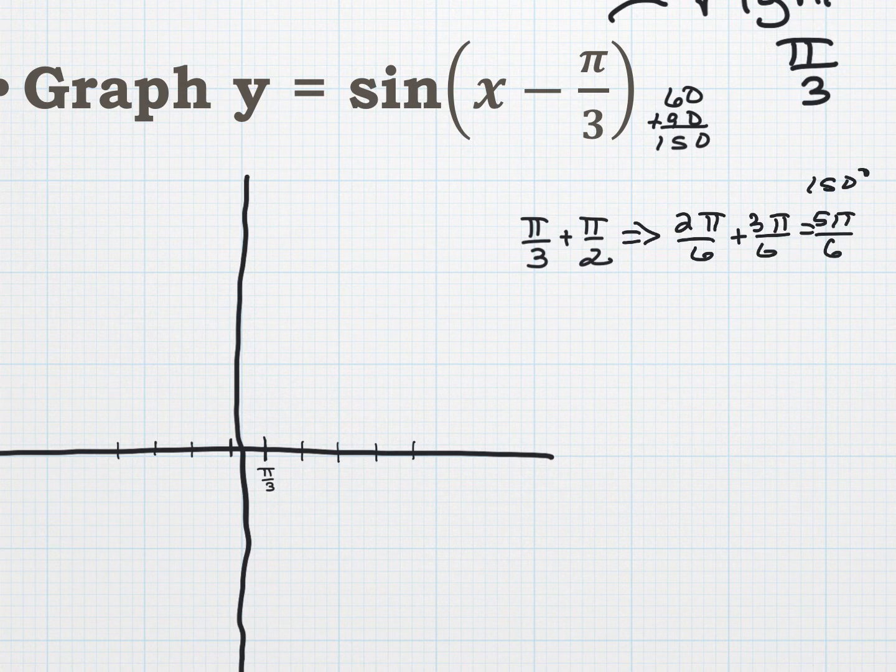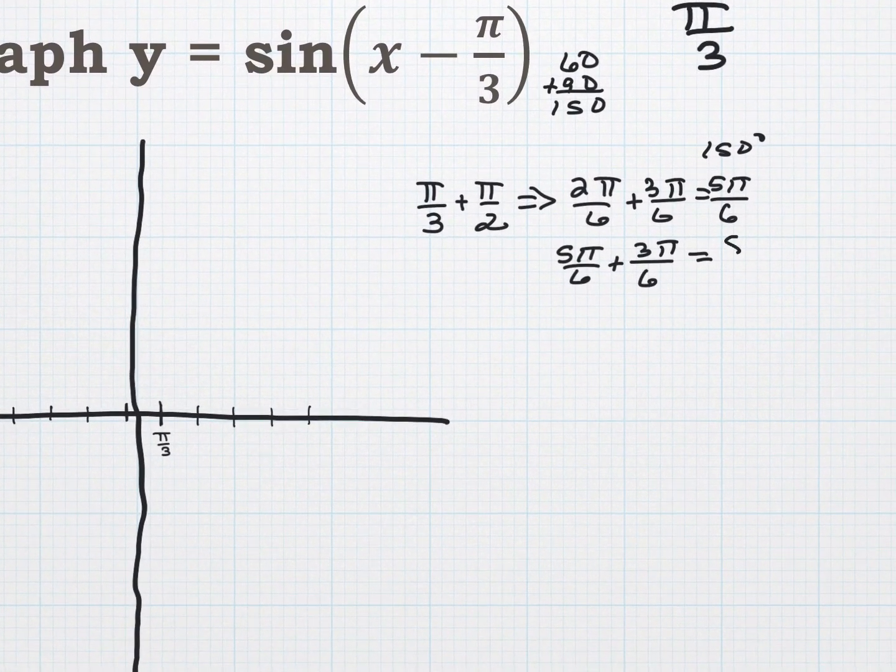So again, each time I'm going to be adding 90 degrees. So now I'm going to take the 5 pi over 6 that I just got and add 90 degrees. Remember, with the common denominator, the equivalent of pi over 2 is 3 pi over 6. I now get 8 pi over 6. I'm going to go ahead and reduce this because this is what I need to label my x-axis with.